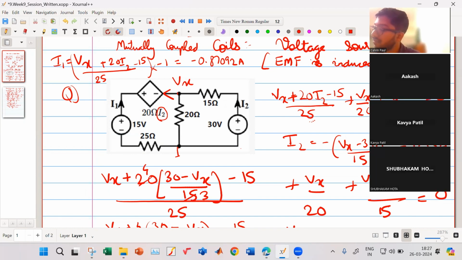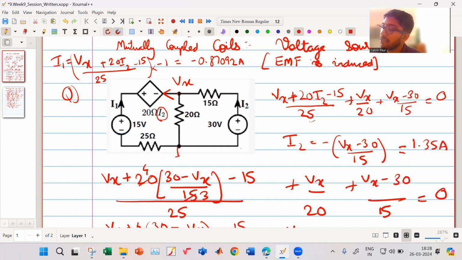It's a voltage source, so there is a current dependency, so it must be having some resistance also. So it is just to match the dimension. Because your voltage is your ohm into ampere, right? So to match those dimensions, we give 20 ohm I2. Okay. So you're actually multiplying it by some sort of resistive gain.